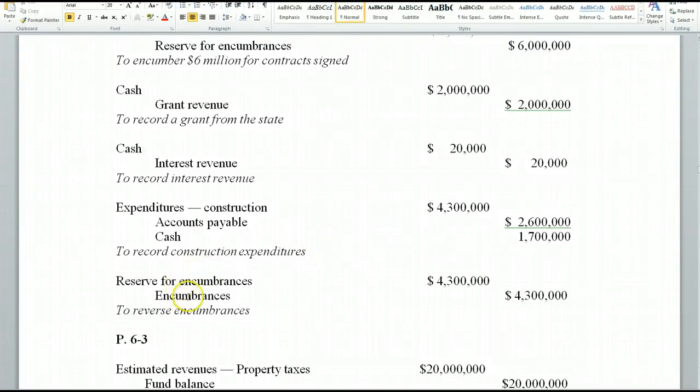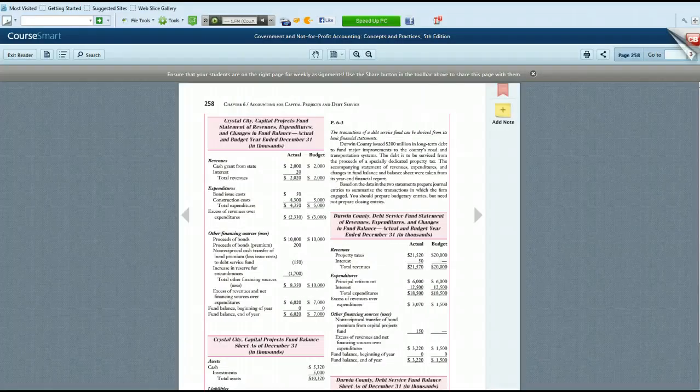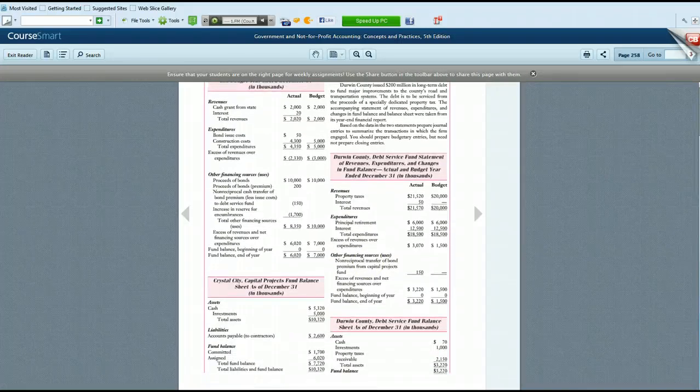So we'll want to create a journal entry in order to reverse that encumbrance, to show then that $1.7 million that is still sitting as an encumbrance on the books. Basically, all of those journal entries will then provide us with the financial statements as shown here.